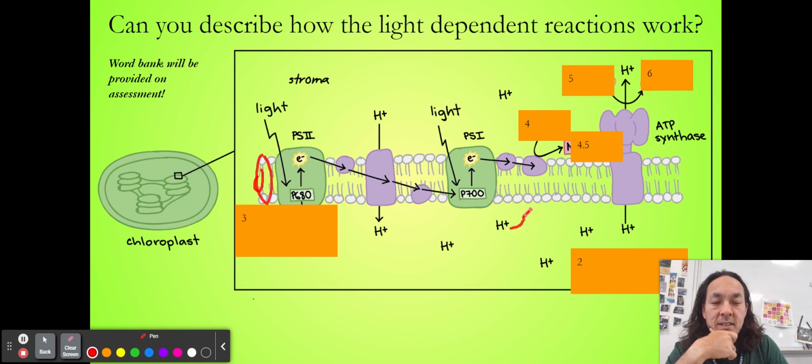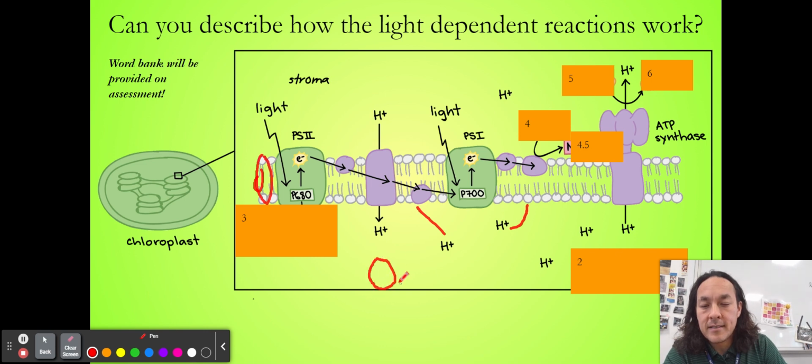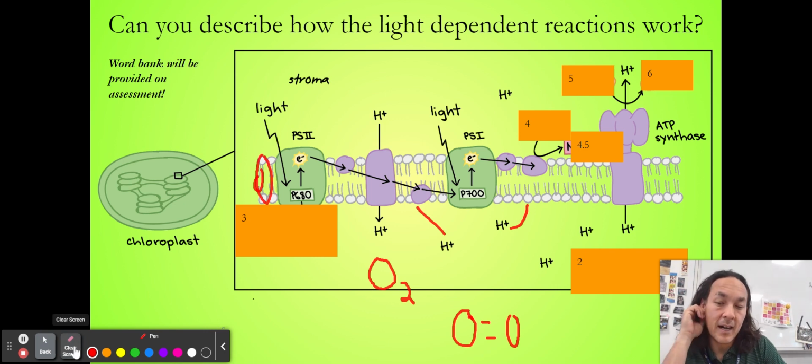So an H plus might go up to it, but can't get through it. No dice. It has a charge. Can't get through it. But luckily for us, what can get through it is oxygen. O2 really looks like this, an oxygen bonded to another oxygen, and it doesn't have a charge. And so it's able to just float on by, and it goes from an area of high concentration to low.